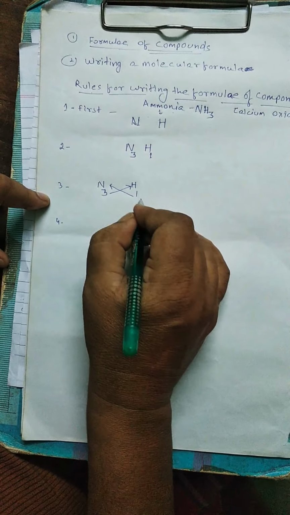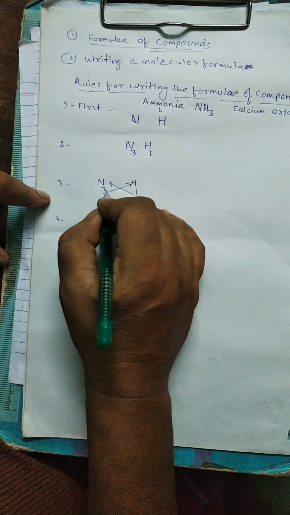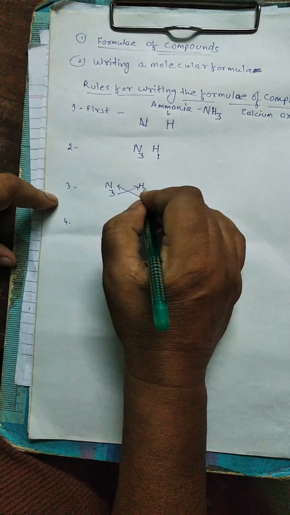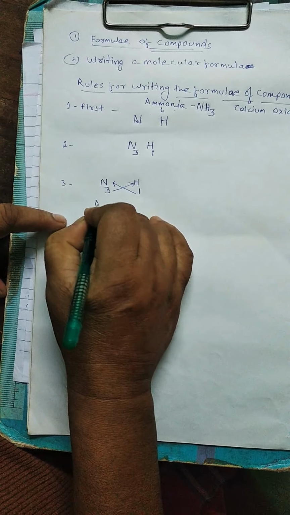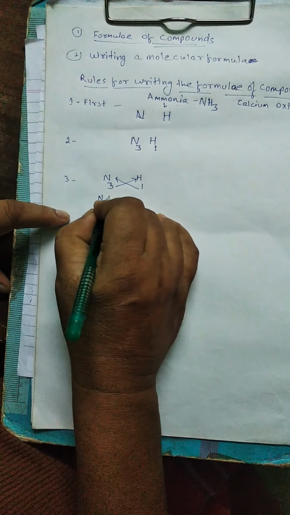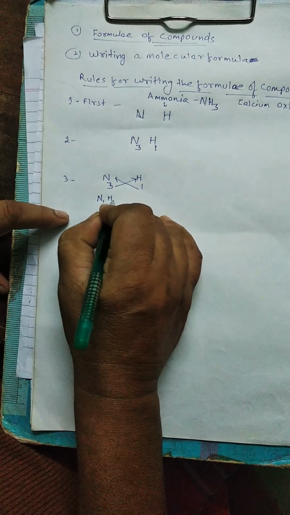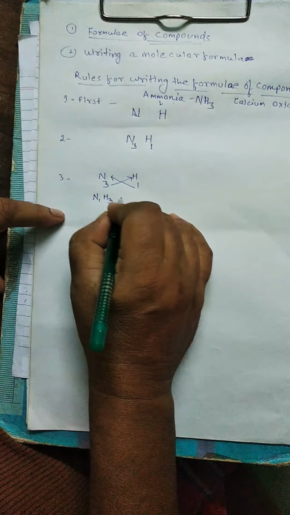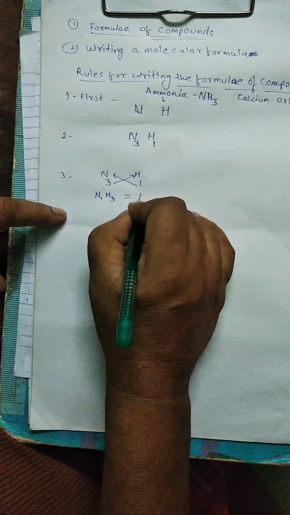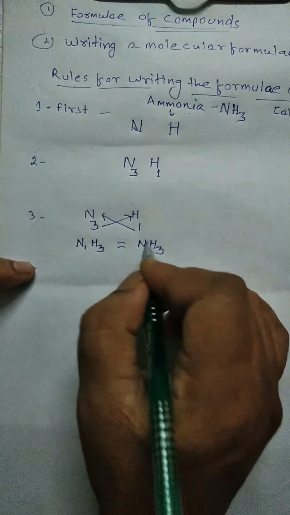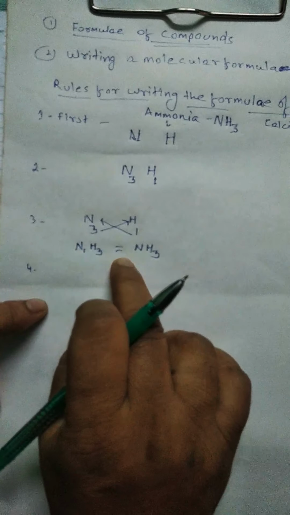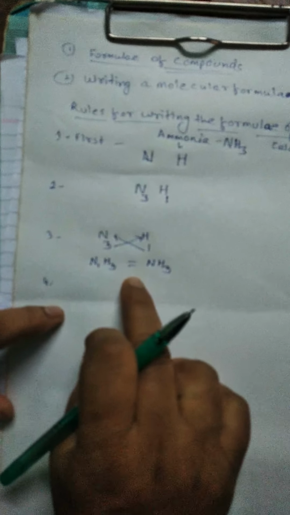The valency of hydrogen will go towards nitrogen, and the valency of nitrogen will go towards hydrogen. So, you will write like this now, N1H3 is equal to NH3. This is the way how you will write.